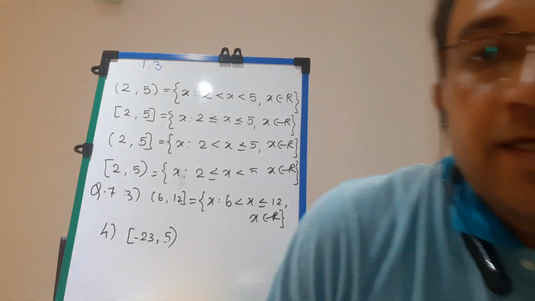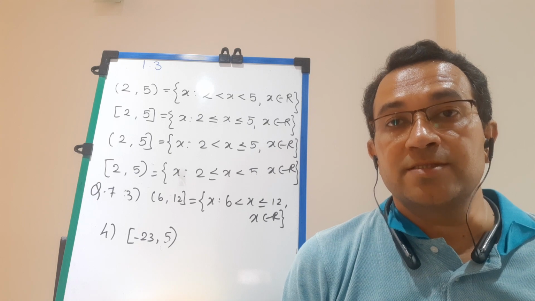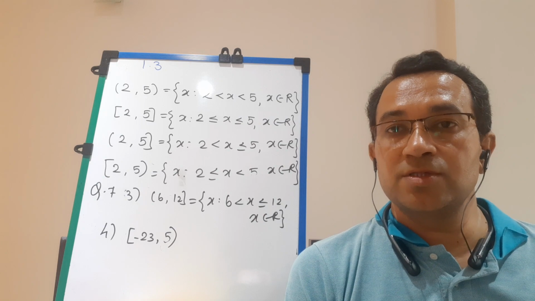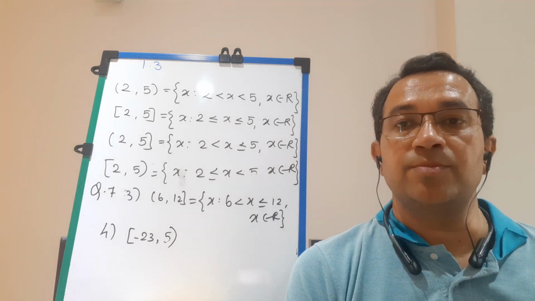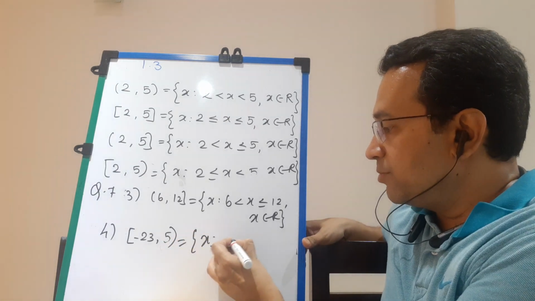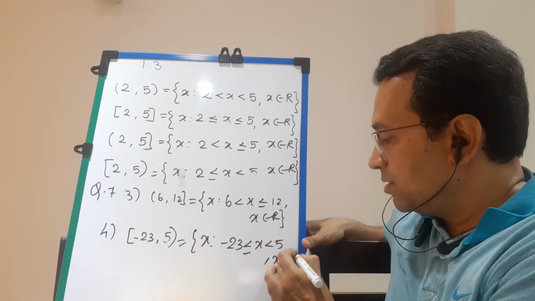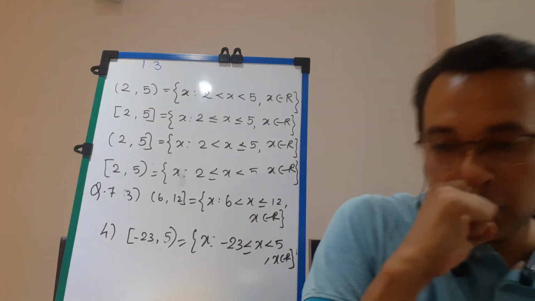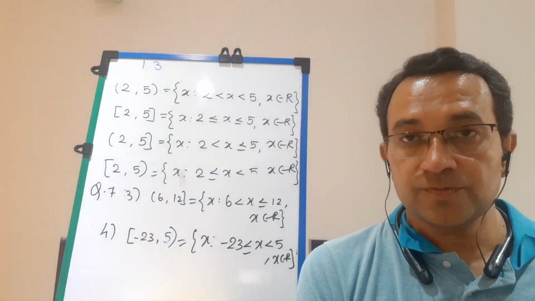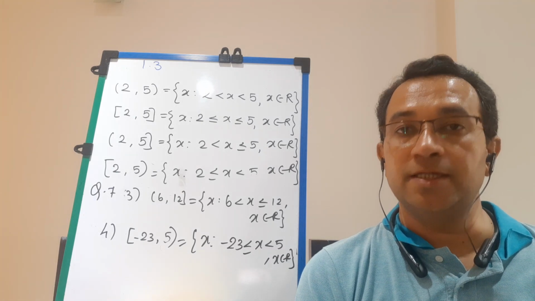What will we write? x such that minus 23 is less than or equal to x less than 5, and x belongs to R. So this is, students, regarding the concept of intervals. Minus 23 is closed and 5 is open.